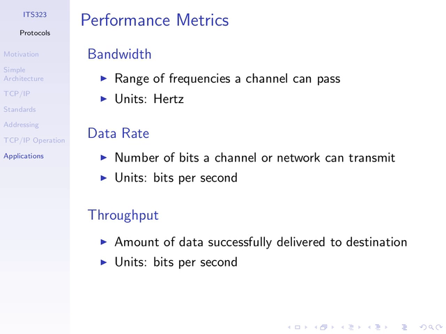So another measure of performance is throughput. Data rate is the number of bits we can transmit across a link or a network per second. Throughput is the rate at which we can transfer useful data across a link or a network, also measured in bits per second.